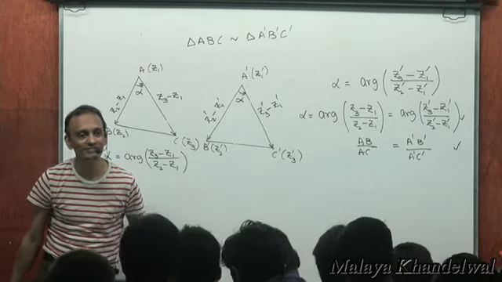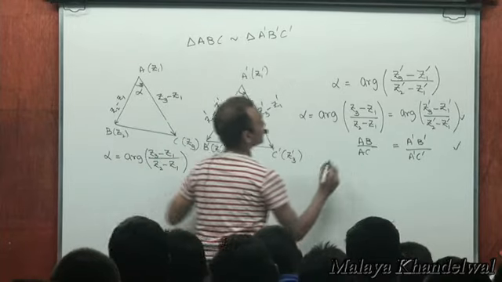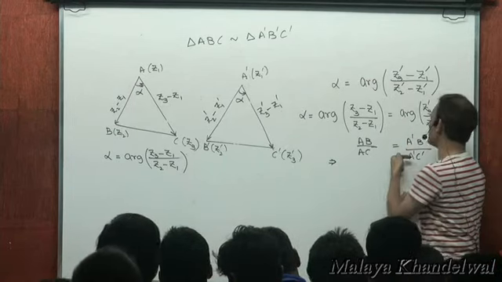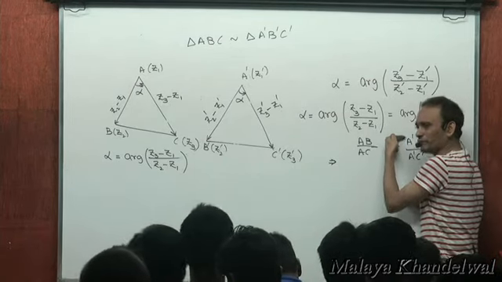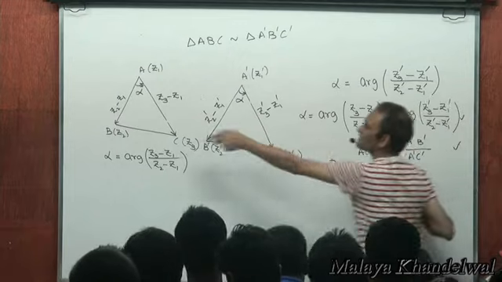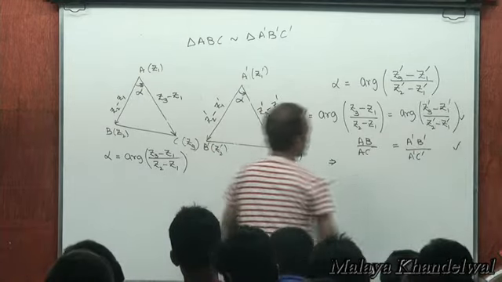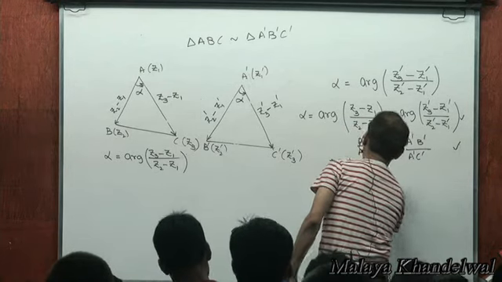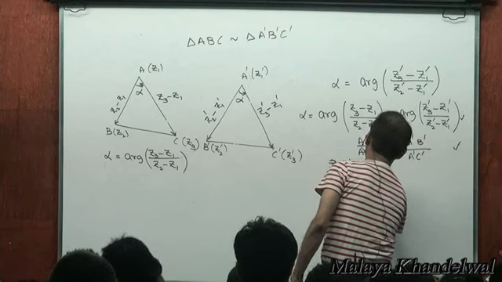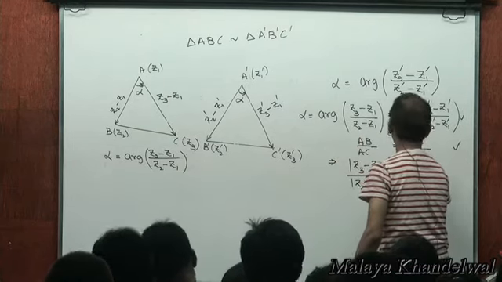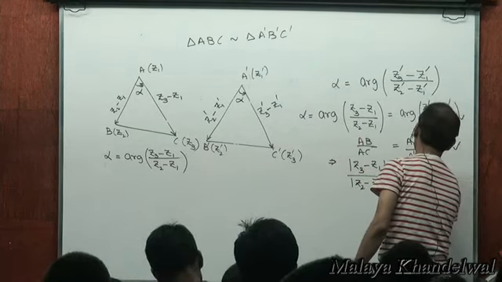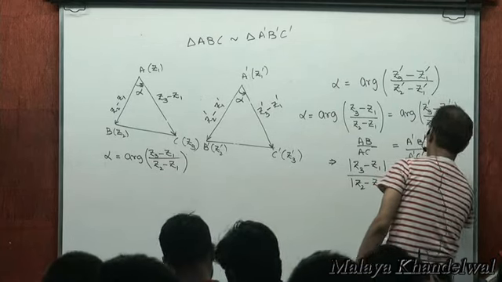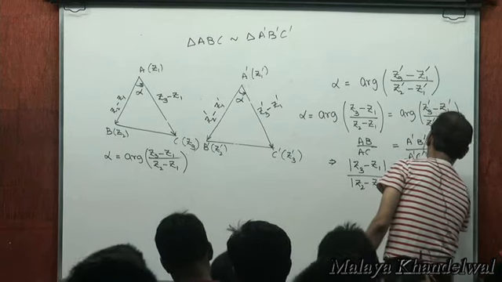Yes or no? AC by AB is the same as A prime C prime by A prime B prime. I can say that also, right? So AC by AB is mod of Z3 minus Z1 divided by mod of Z2 minus Z1, equals A prime C prime by A prime B prime, which is mod of Z3 prime minus Z1 prime divided by mod of Z2 prime minus Z1 prime.